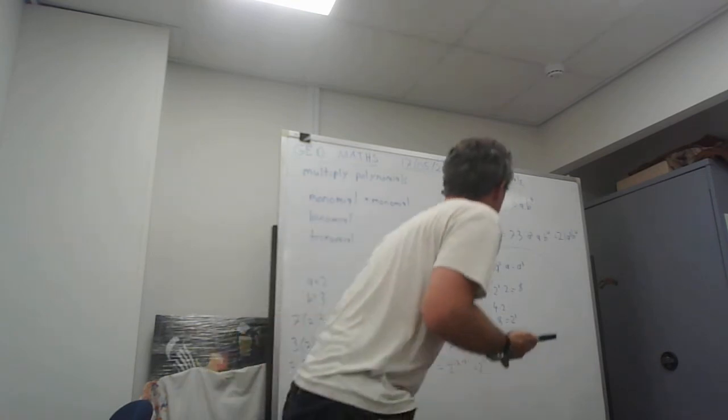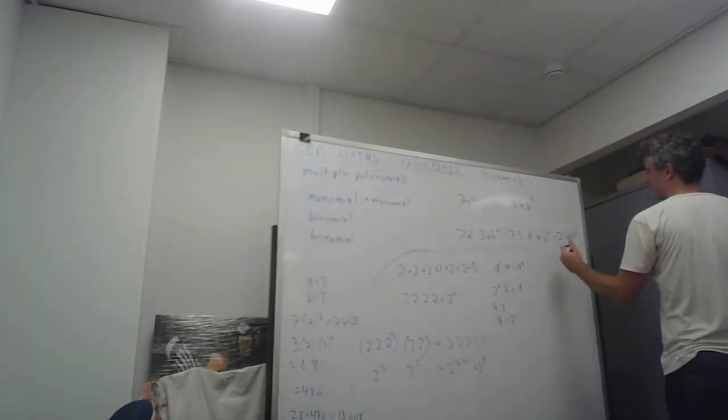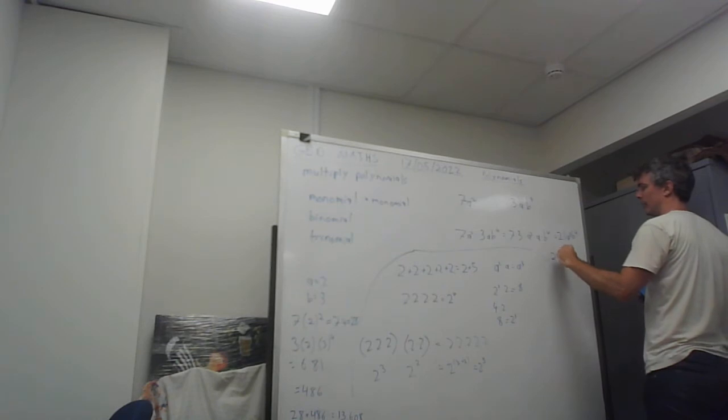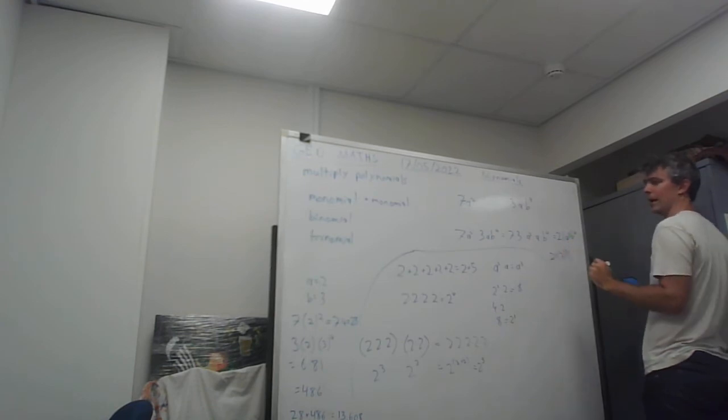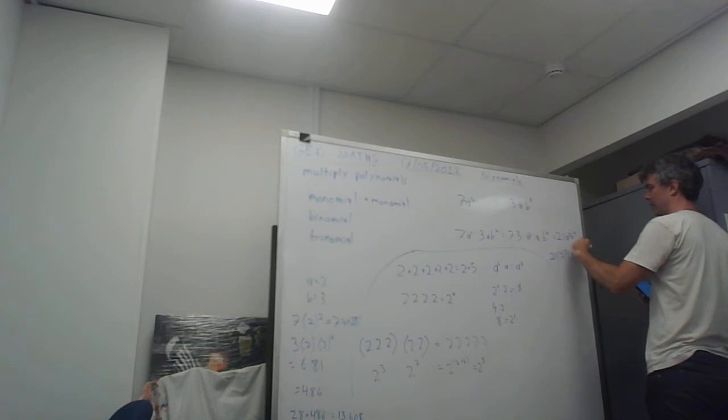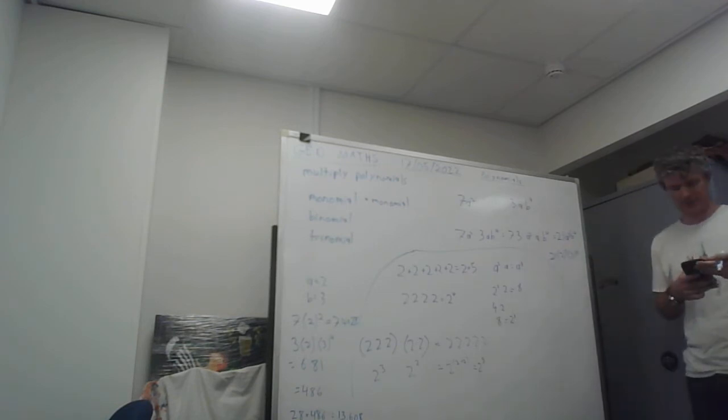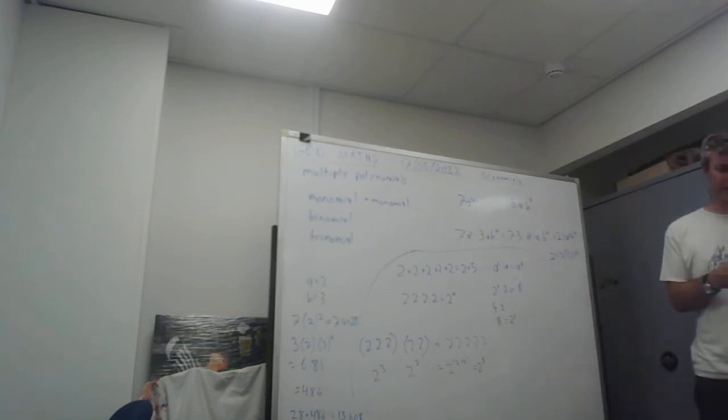13,608. Or we can put it in here, 21 times A cubed, B to the 4th. You can just put this in your calculator. It's good practice, actually. You guys remember last week? Calculator practice.